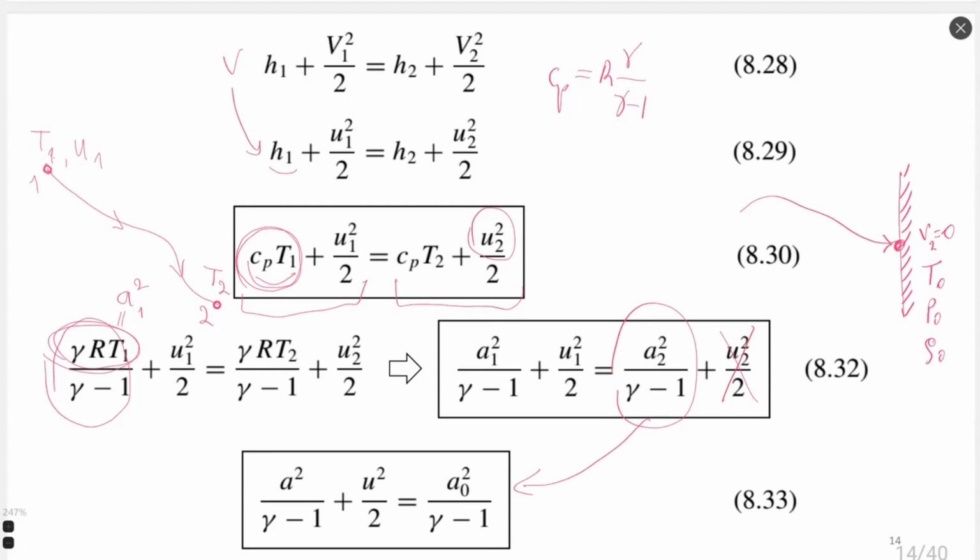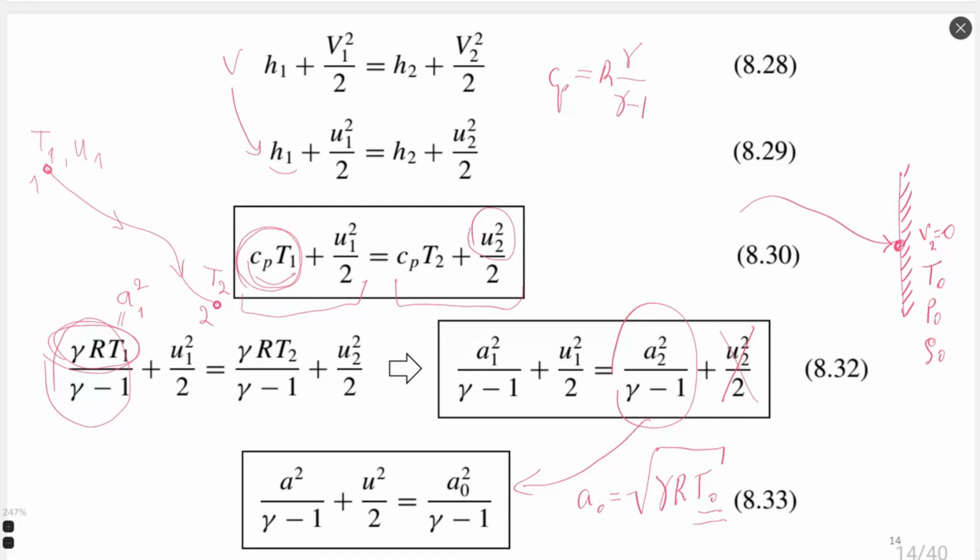How to calculate stagnation speed of sound is using absolutely same formula as normal speed of sound. A0 would be equal to square root of gamma R T0. So formula is the same as for ordinary speed of sound, just instead the static temperature, you need to use total temperature of the flow, or stagnation temperature of the flow, temperature at which you are calculating this speed of sound.